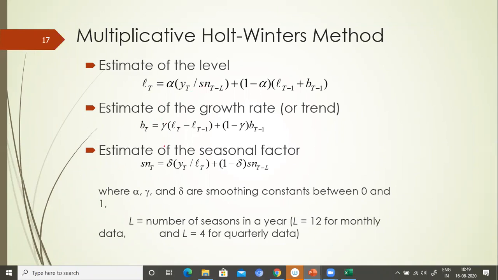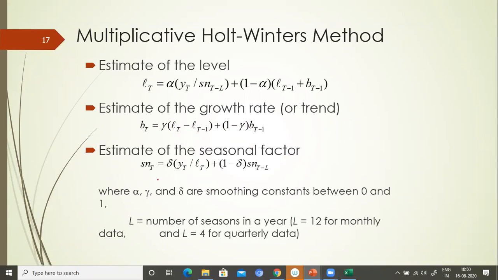Estimate of the growth rate, again, the format is simple. It's going to be the growth rate smoothing constant multiplied by the data point, plus 1 minus the smoothing constant multiplied by the previous estimate. So it's gamma times L t minus 1 plus 1 minus gamma multiplied by B t minus 1, followed by the estimate of the seasonal factor.